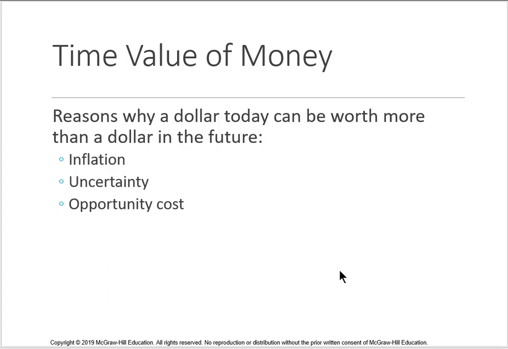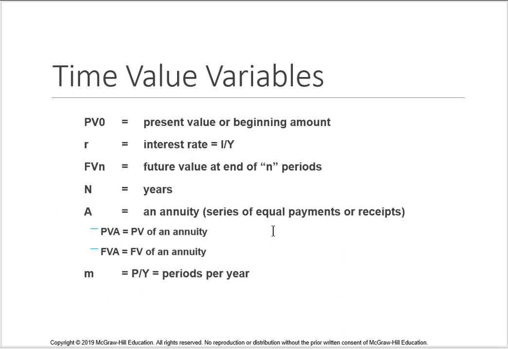So since they're still just dollars, right? George Washington is in all $1 bills, but those $1 bills don't buy the same amount of stuff. Certainly, then uncertainty and opportunity costs are also going to have an impact on the time value of money.